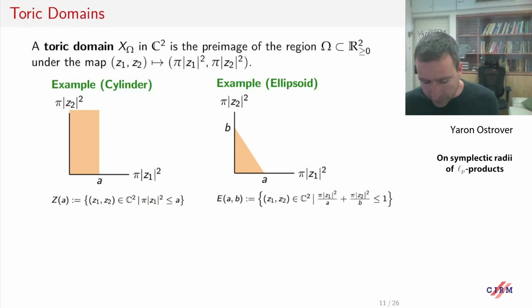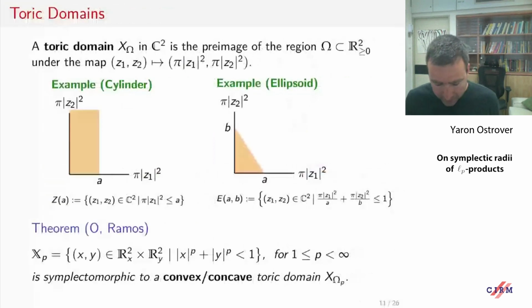Simple examples are the ellipsoid or the cylinder. And the point behind the proof is that this configuration, the P-sum of two Lagrangian disks, is symplectomorphic to either a concave or a convex toric domain.